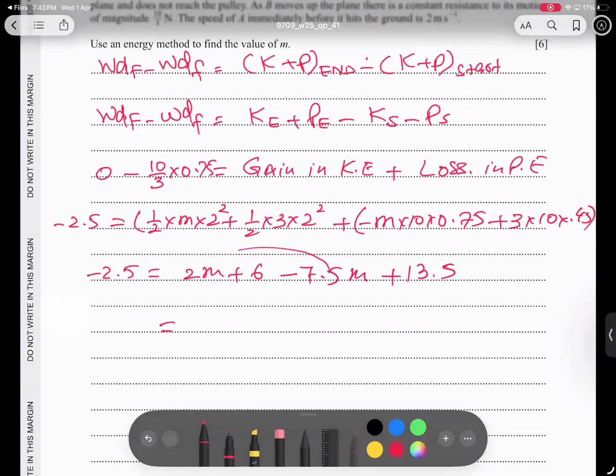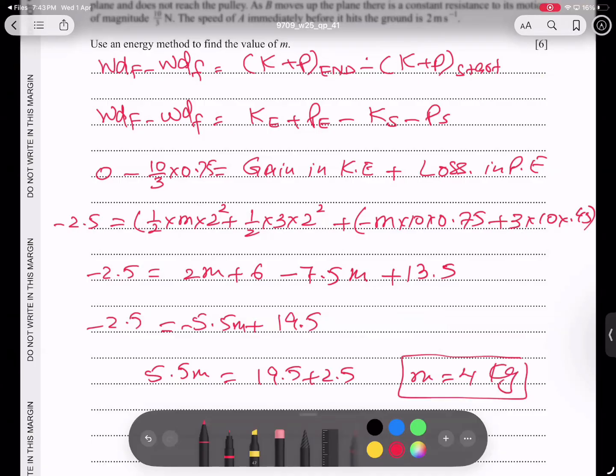These two values I've solved. I got 5.5 in negative, plus 19.5 and negative 2.5. So I bring 5.5 to the left hand side, and 19.5 plus 2.5 divided by 5.5, and I got 4 kilograms.